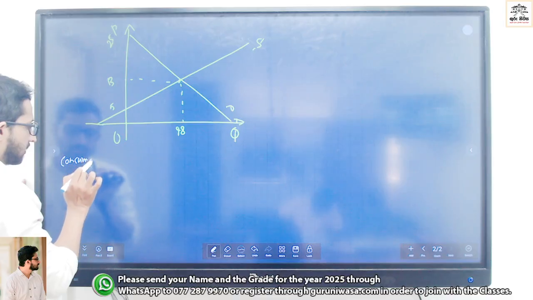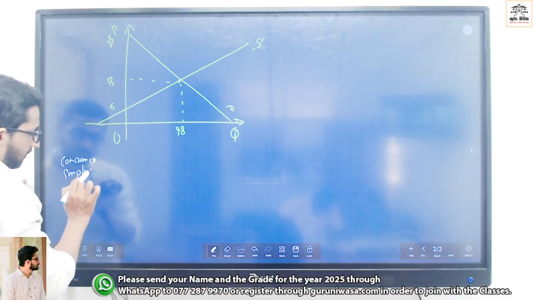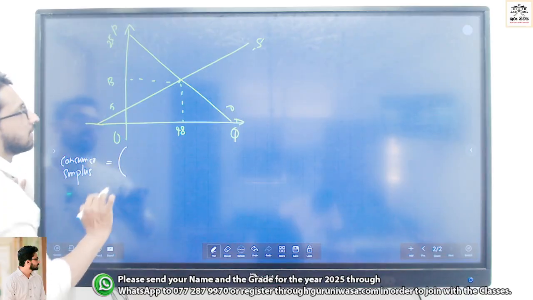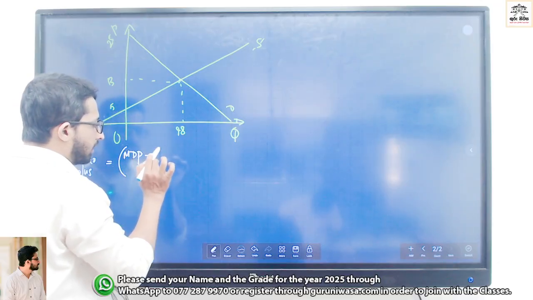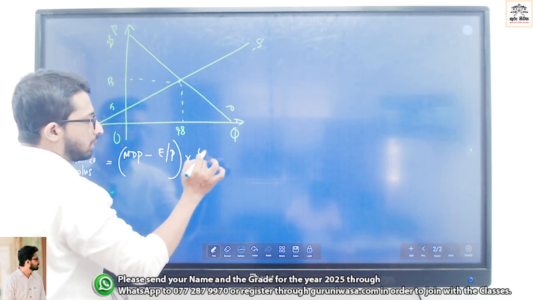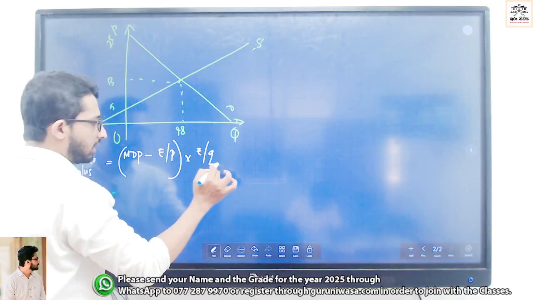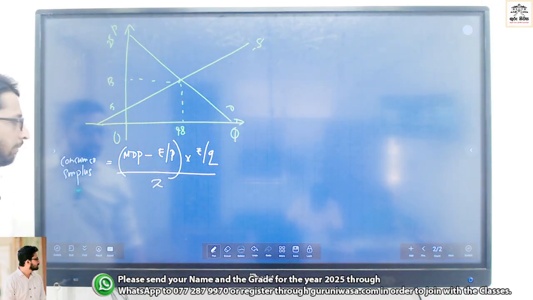Consumer surplus equals maximum demand price minus equilibrium price into equilibrium quantity divided by 2. Okay, Lama.